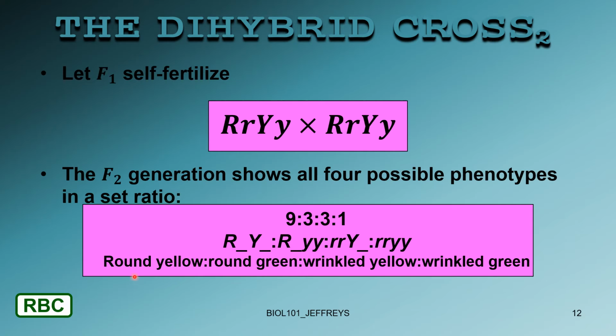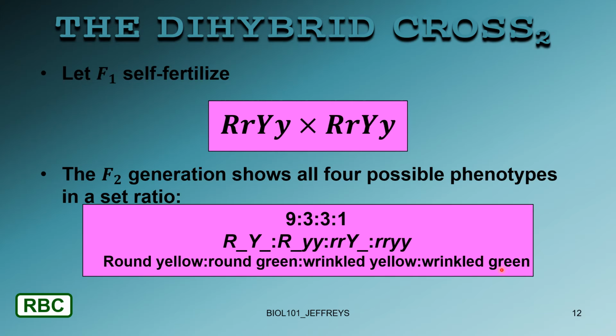That's 9 round yellow plants. Okay, this is seed shape and color. Okay, seed shape and seed color. So 9 plants yield round yellow seeds, 3 plants yield round green seeds, 3 plants yield wrinkled yellow seeds, and 1 plant of however many yields wrinkled green seeds.